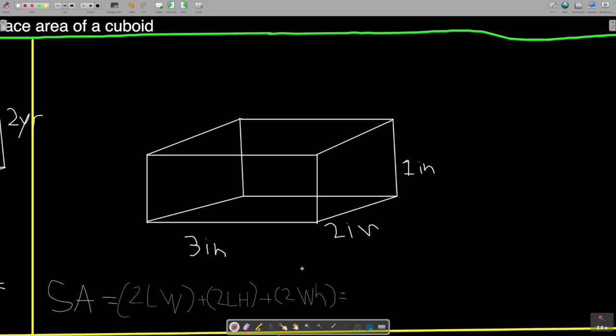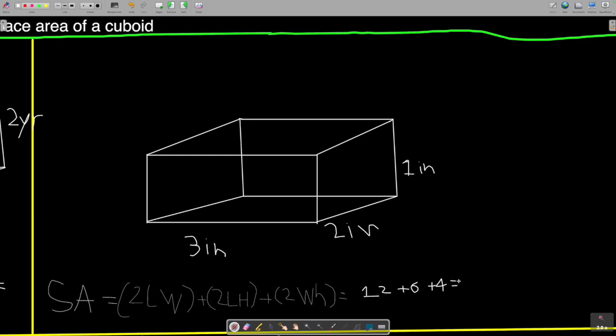So this is another example. We're going to have 2 times length times width, 2 times 3 times 2, which is 12. And then 2 times length times height, that's 3 times 1 is 3, times 2 is 6. Then we have width times height, 2 times 1 is 2, times 2 is just 4.